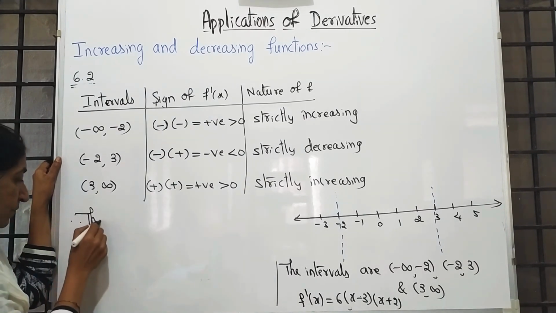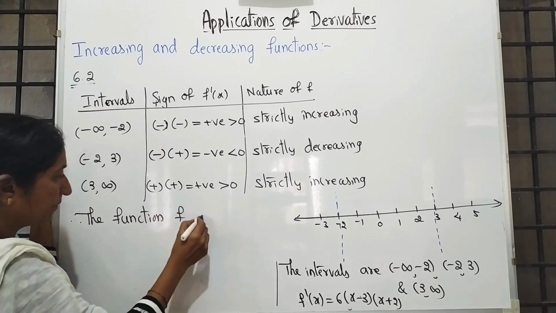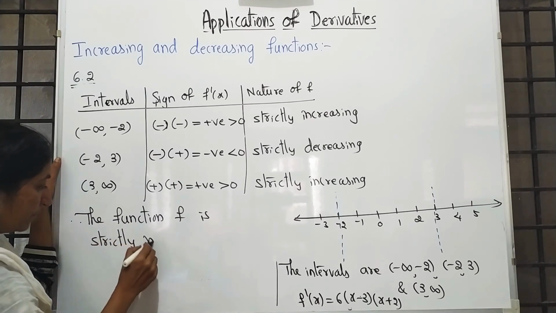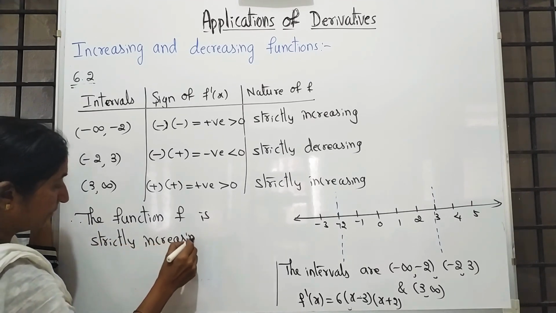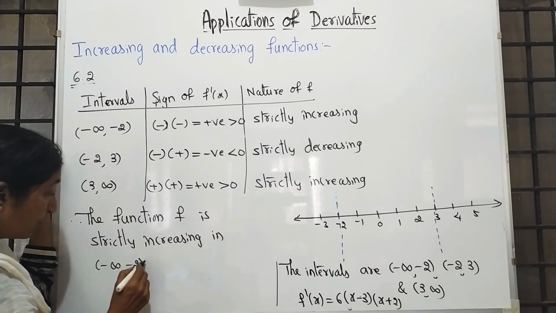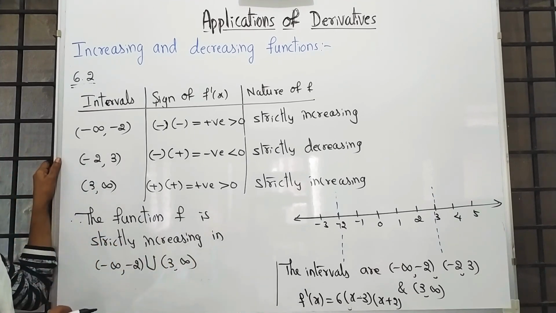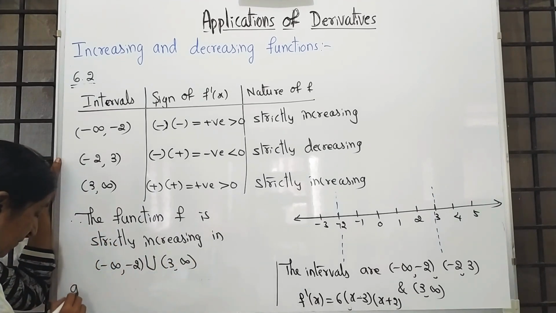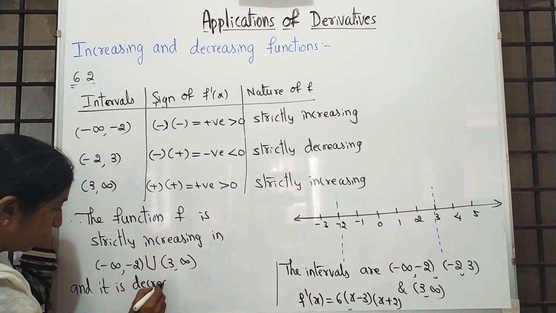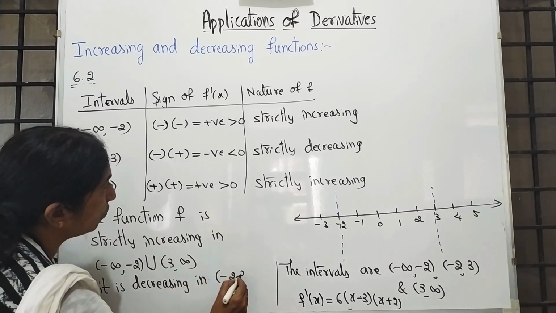Therefore, the function f is strictly increasing in minus infinity to minus 2 union 3 to infinity, because in both intervals it is increasing, and it is decreasing in minus 2 to 3.